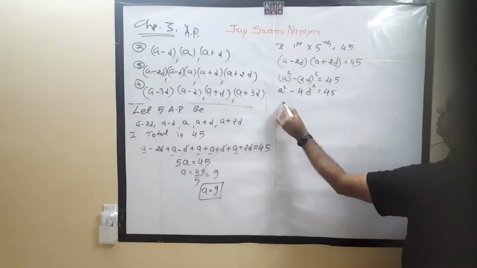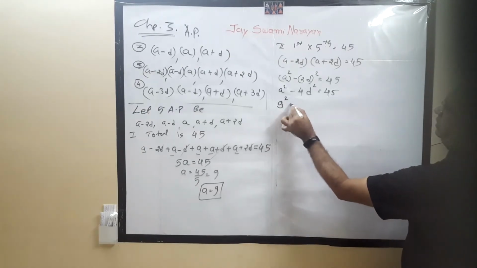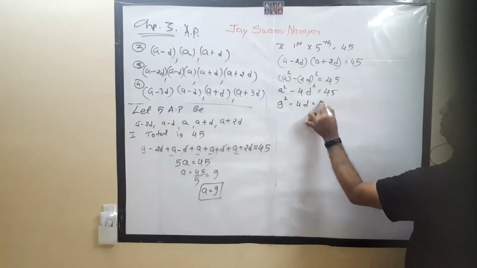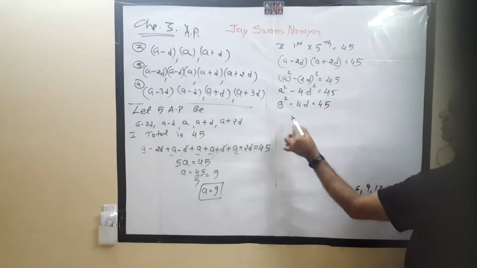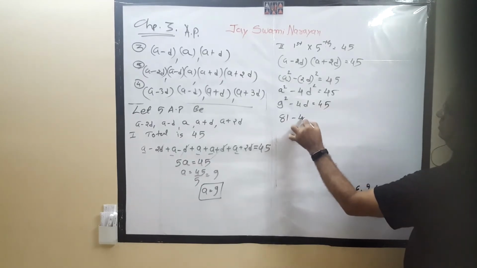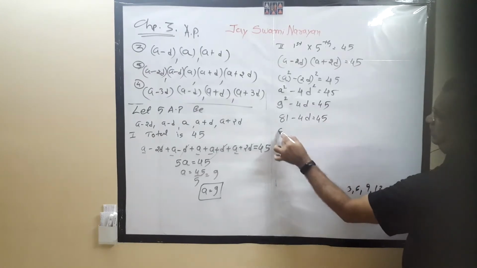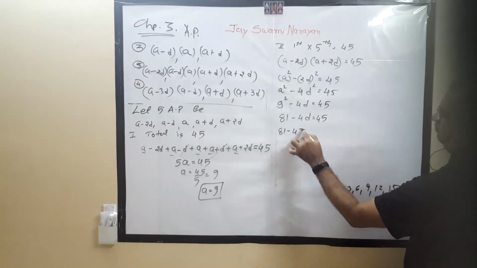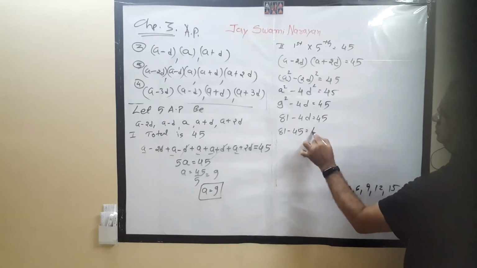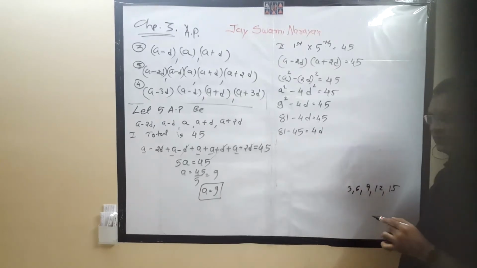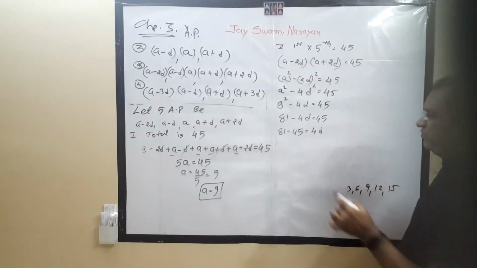Now a is what? 9. So 81 minus 4d square is 45. This comes to this side. 81 minus 45 is equal to 4d square. 81 minus 45 is 36.